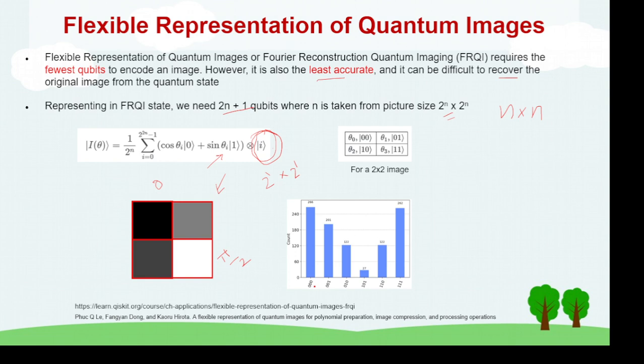So how do we read this output? From the right side, the first 2 qubits represent the indexing. 0 0 is this one, which has complete 0, which means it is total black. Similarly, the bottom right one is 1 1, which is completely white, that's why we have 1 here.